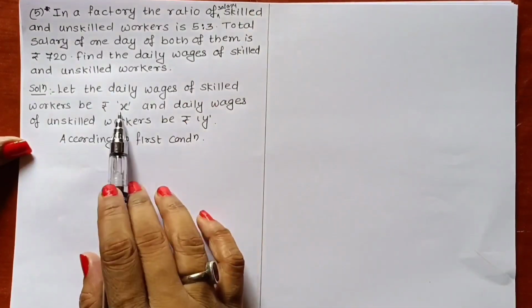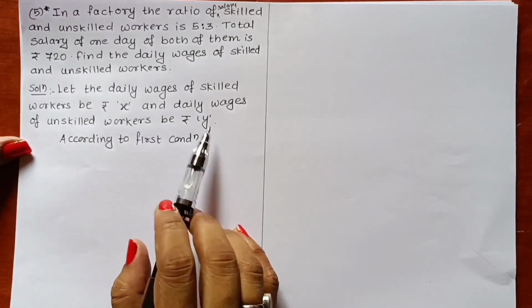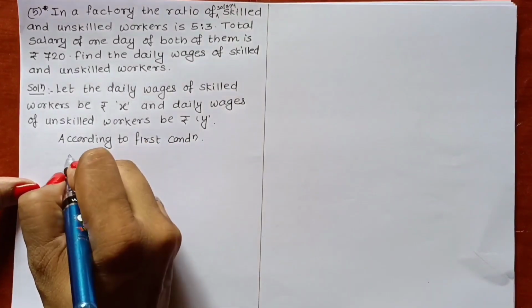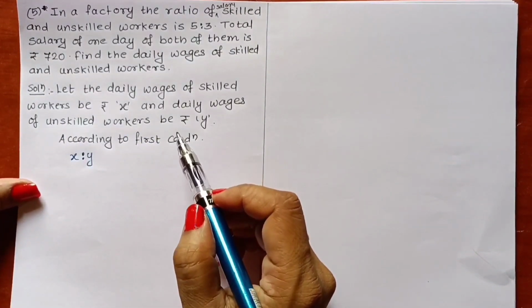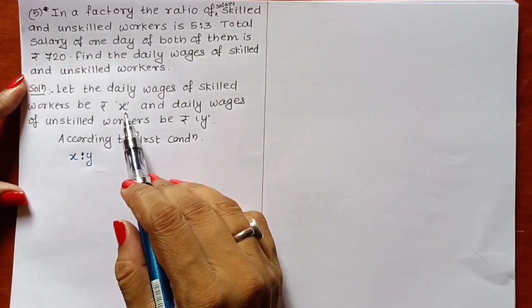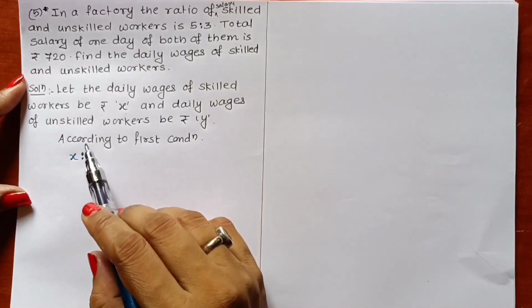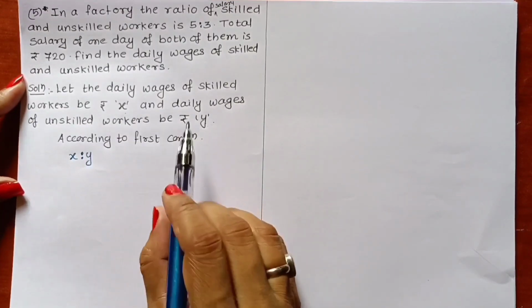If we take this x and y as their salary, so what will be the ratio? x ratio y, or x is to y. This ratio will be x is to y according to whatever we have assumed. We have assumed that daily wages of skilled workers is x and daily wages of unskilled worker is y. So their ratio of salary will be x is to y.